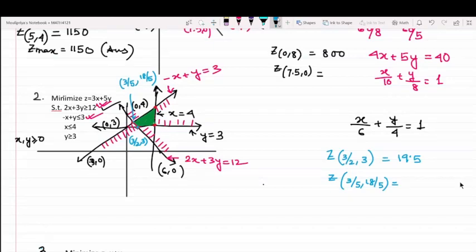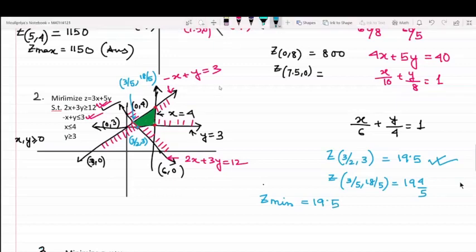Yes, ma'am. 19.5 and 19 4/5. Obvious. That implies we are getting the minimum at (3/2, 3), right? Yes. So we can say that z min is equal to 19.5, and this completes our answer.